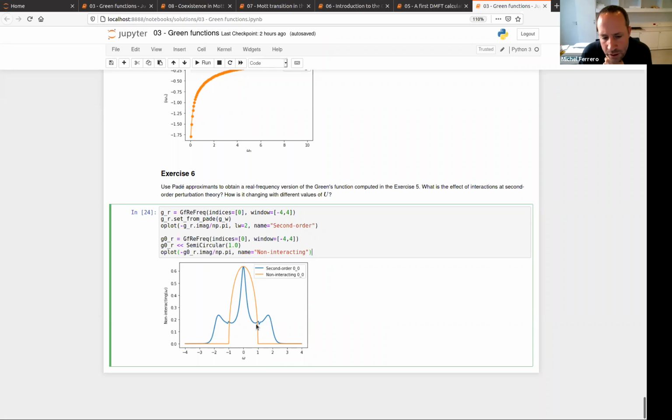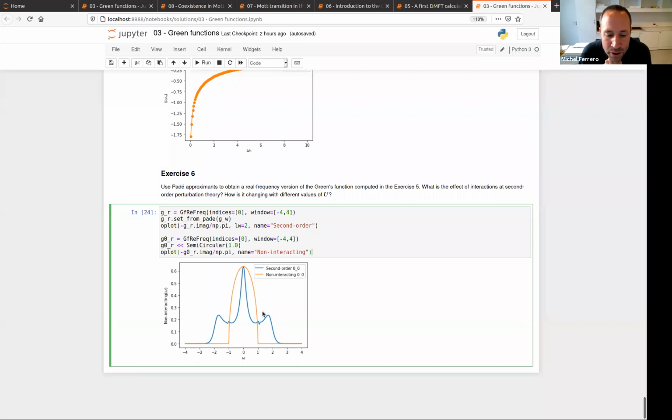Okay, those kinks happen to be at integer values of omega, but not so much because they are integer values. The reason is that this is where the non-interacting bath has a discontinuity in its derivative. The bath is semicircular, and the density of states is not continuous in its derivative here.